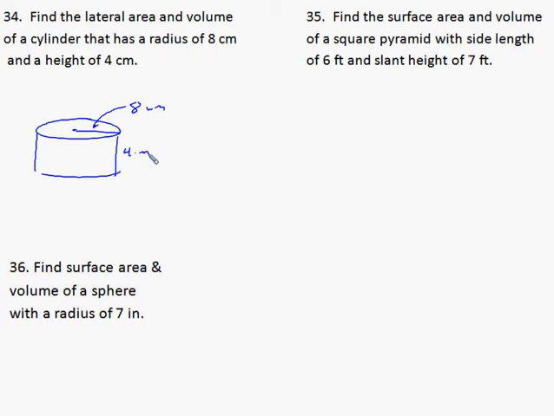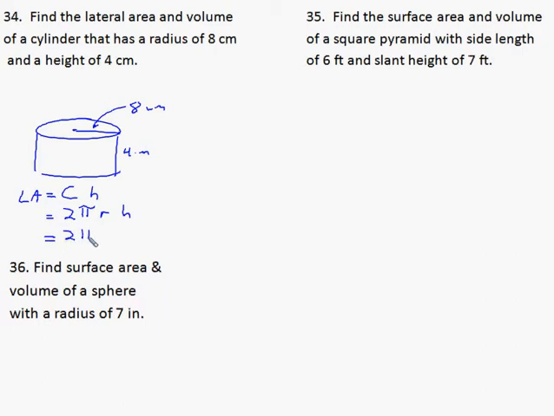So you need to know that your lateral area is the perimeter of the base times the height. In this case, this is a circumference. The base is a circle, so we're looking for circumference times height, and we know that circumference is 2 pi r. And then we're going to multiply that times the height.